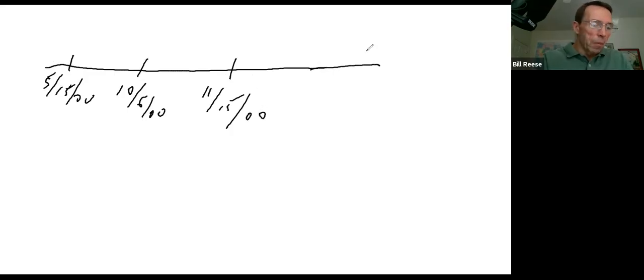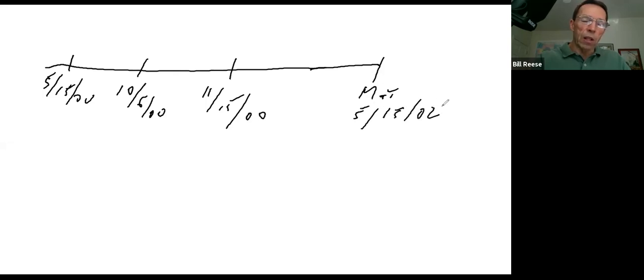The years don't really matter that much for us, and this is when it matures, 5/15 of 2002. So we're going to say that today is October the 6th of 2000, and we're going to say that we want to buy this particular bond.